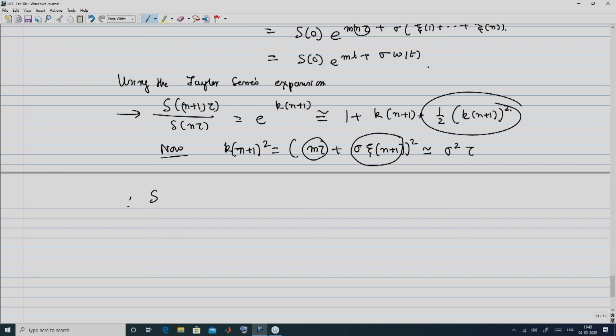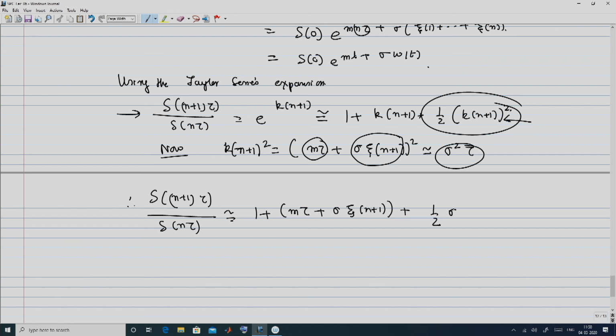Therefore, I have S of n plus 1 tau by S of n tau approximately equal to 1 plus k n plus 1, which I will now substitute as m tau plus sigma xi n plus 1, plus half of sigma square tau. I can rewrite this as 1 plus m plus half sigma square with a tau common factor, plus sigma xi n plus 1.